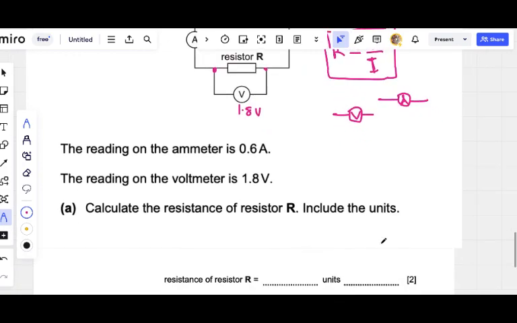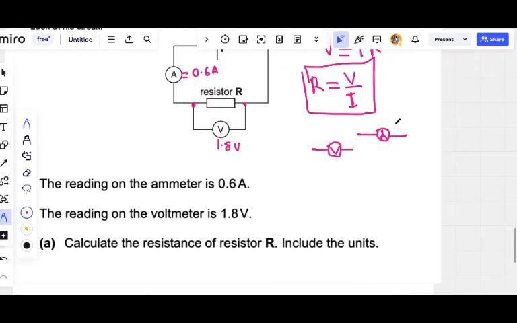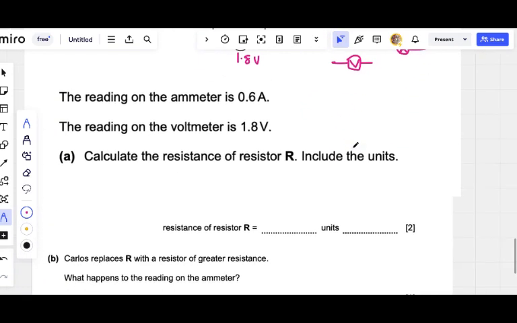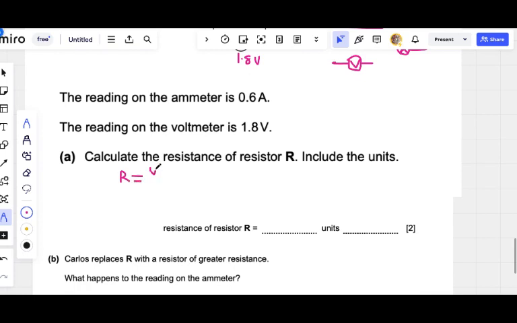Now, calculate the resistance of the resistor, include the units. You remember, I've given you the resistance formula. Resistance is equal to V over I. Resistance, R, is equal to the voltage over the current.